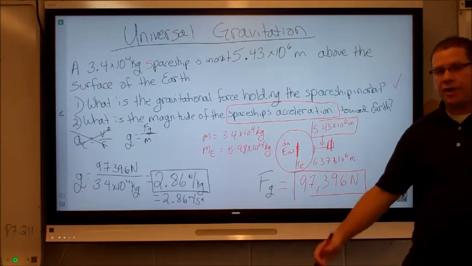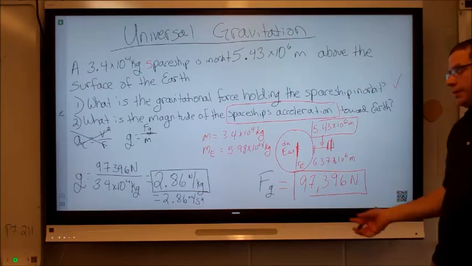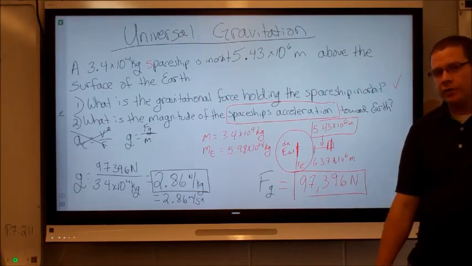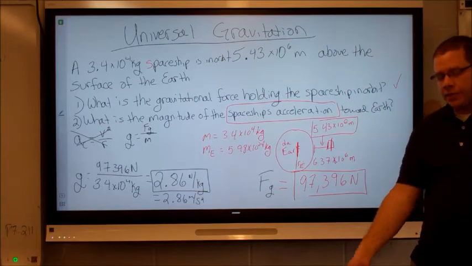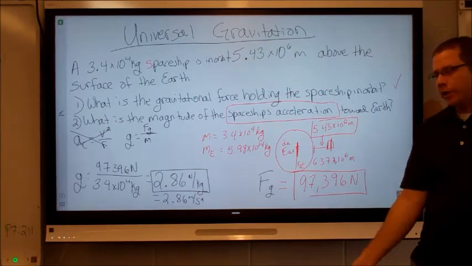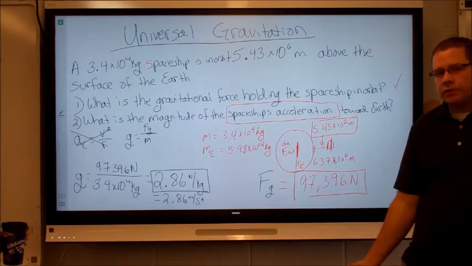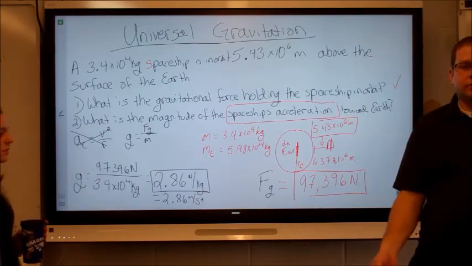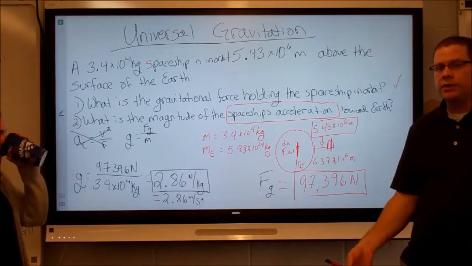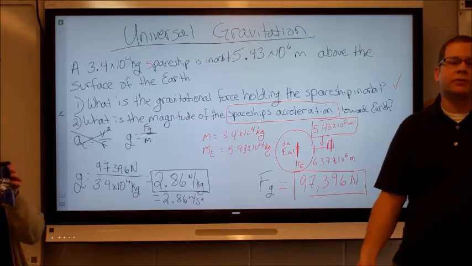Now, a follow-up question would be, if the spaceship was on the surface of the Earth, its acceleration towards the center of the Earth would be 9.81. But here it's only 2.86. Why is it so much lower? The answer is because it's so much higher off the surface of the planet.